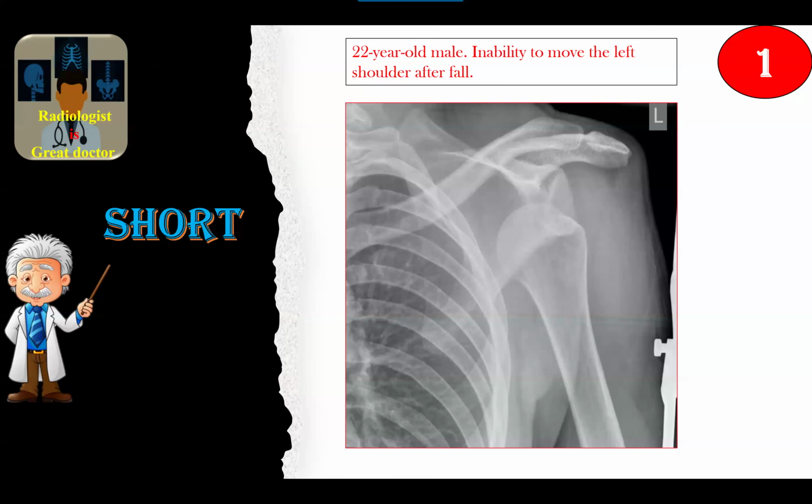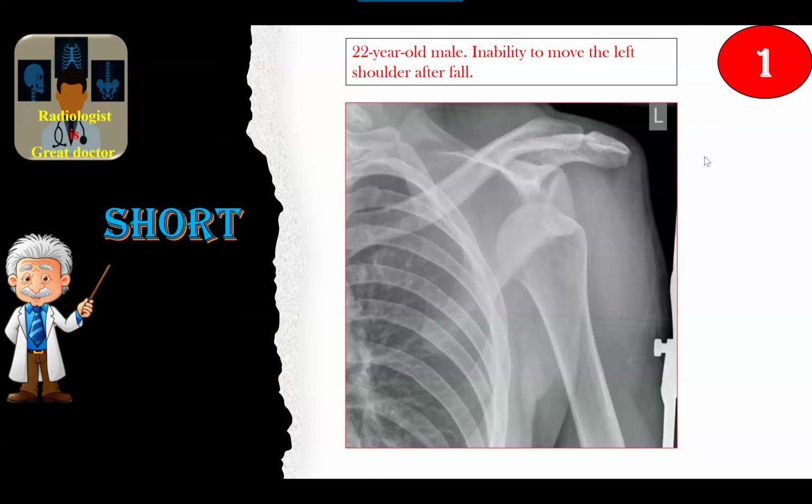When you describe, it's better to describe displacement, because dislocation is a diagnosis. Displacement is a descriptive term. So in the description, we have inferomedial displacement of the humeral head. Okay, continue.